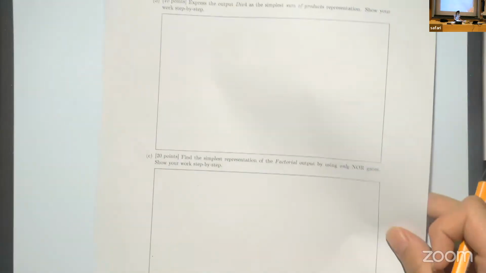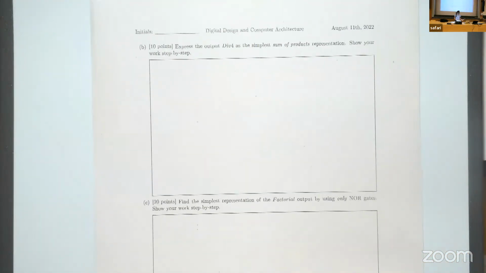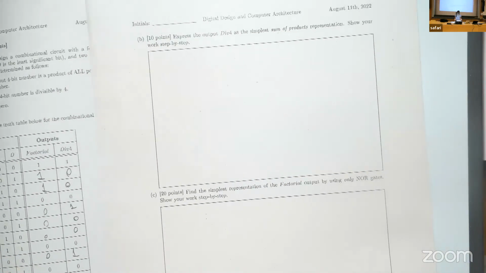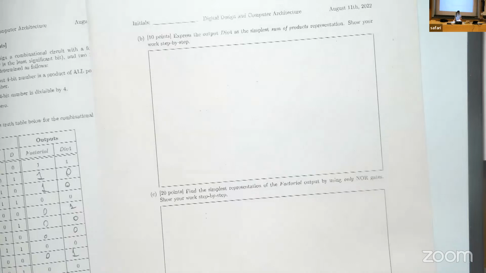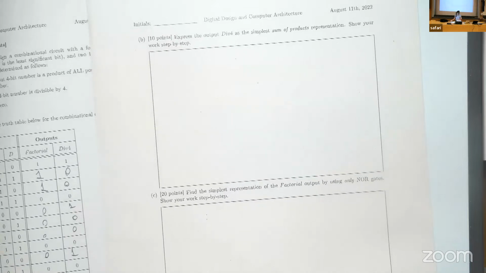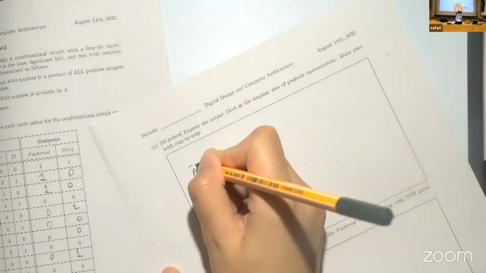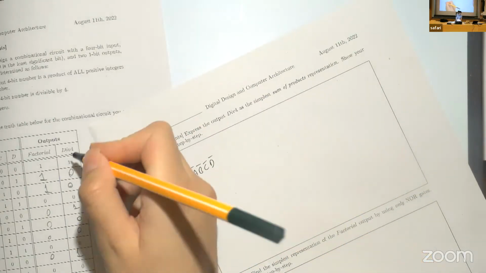Okay. Now, based on the truth table that we prepared, the question asks you to simplify 2 things. The first one is D4. First, we should write it in the sum of products representation, which is A naught, B naught, C naught, D naught, which is the first one from here.